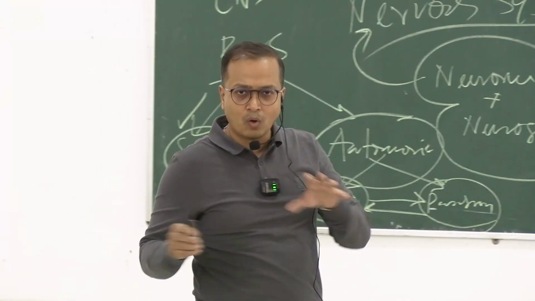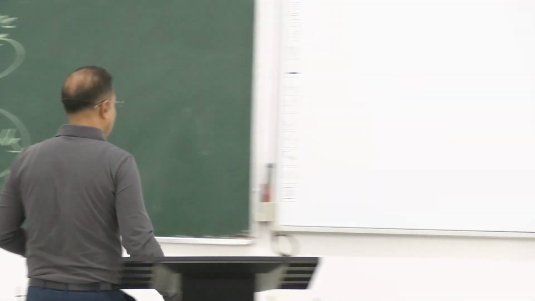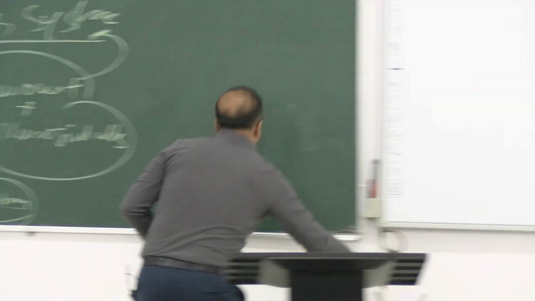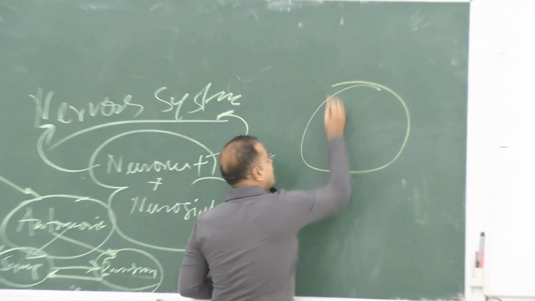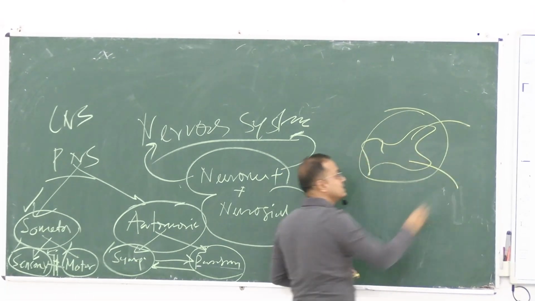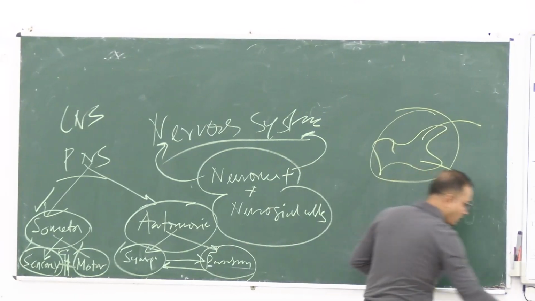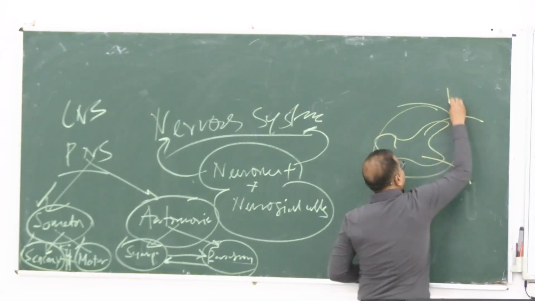I would ask you to draw this schematic picture, whatever you are seeing here. For example, we draw a spinal cord like this and it has a cell body like this and we have projections like this, two coming out. We call these roots.